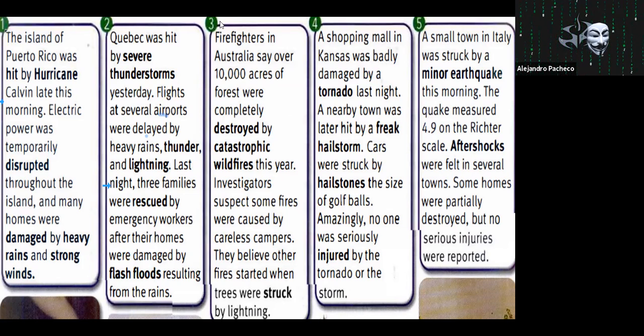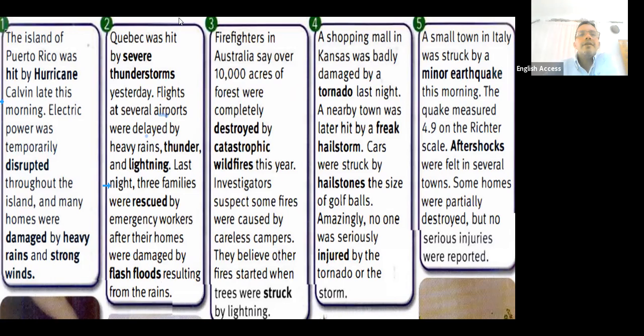Three families were rescued by emergency workers after their homes were damaged by flash floods resulting from the rains. This is correct. Okay, Alejandro, thank you.